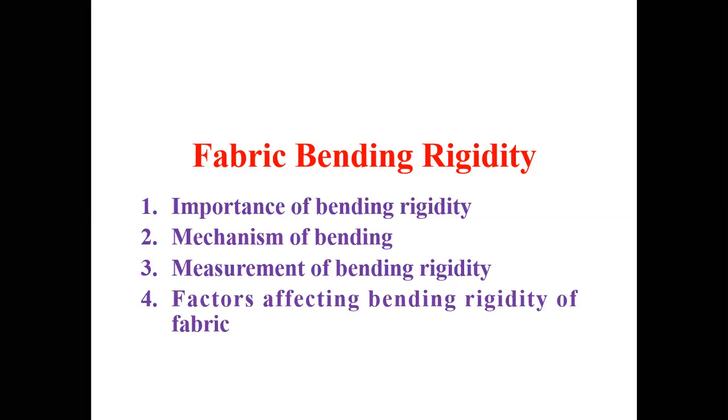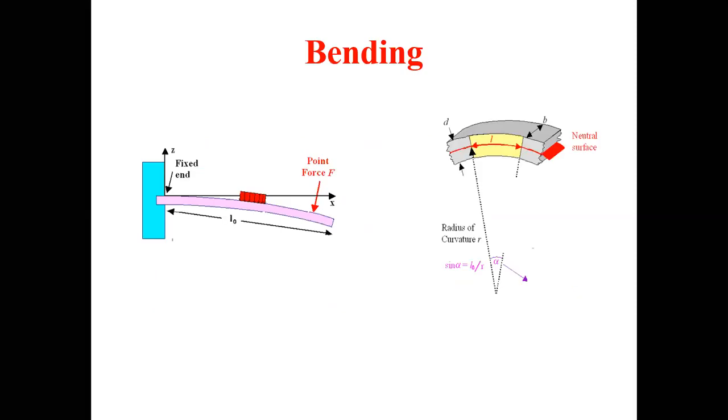So let us first understand what is the meaning of the word bending. In order to understand the meaning of the word bending, let us consider a rigid structure. You can imagine the structure is just like a beam, which is fixed at one end and loaded on the other.